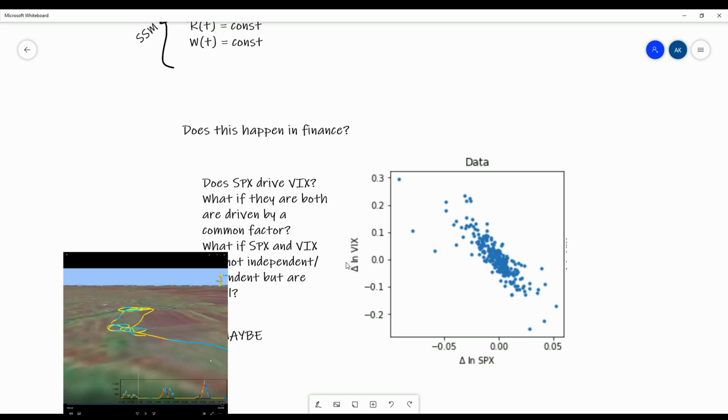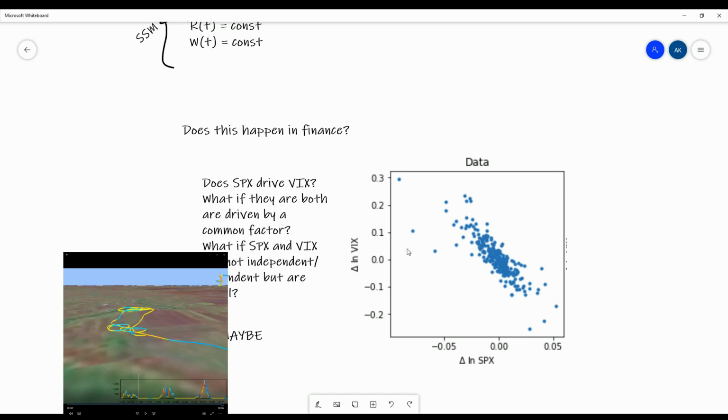It represents at-the-money volatilities of options on the SPX index maturing in 30 days. Well, of course, VIX depends on what's going on with S&P, but you could argue that S&P also depends on options volatilities, right? So it's not obvious that VIX should be defined by S&P. It's not obvious that they should not be equal.